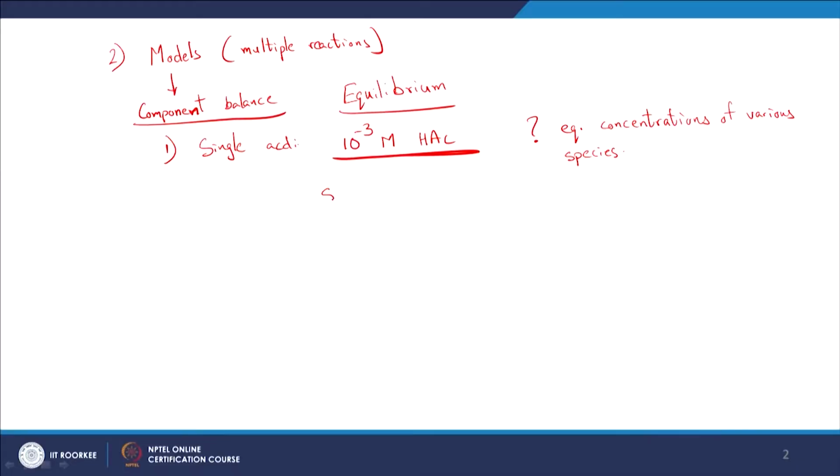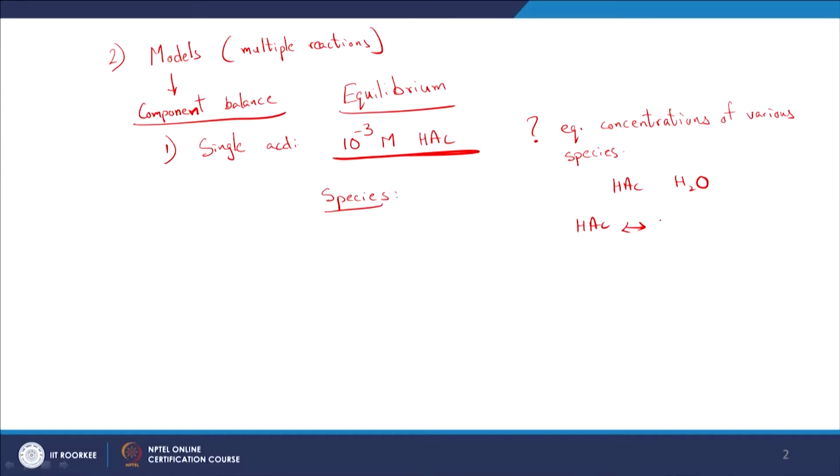So let us first identify the species. In this case we are assuming there is only HAC added to water. As we know from our background, when an acid is put into solution, it can stay as its protonated form or the deprotonated form. So in this case we have acetic acid, CH3COOH or HAC, and it can deprotonate and form acetate ion, or AC minus.